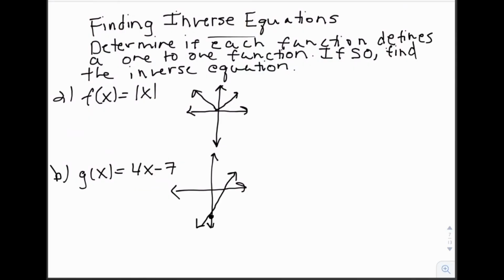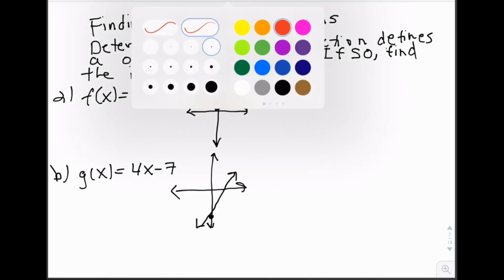So first thing we want to do is set up our graph. We know that the absolute value of x kind of looks like a V. So drawing our horizontal line, notice how it's going to cross, in this case, at 2 points. That's not really what we wanted. So this one is going to fail the horizontal line test.